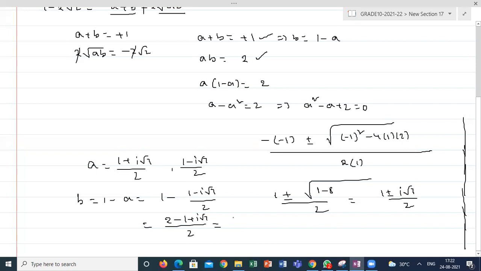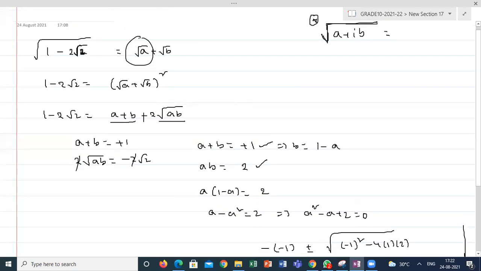And I'm getting as how much? 2 minus 1, minus 1 plus i root 7 by 2. So I'm getting a is one complex number and b is another complex number. And again, it is under the roots. So anyway, there is a situation we have to calculate the root of a complex number.